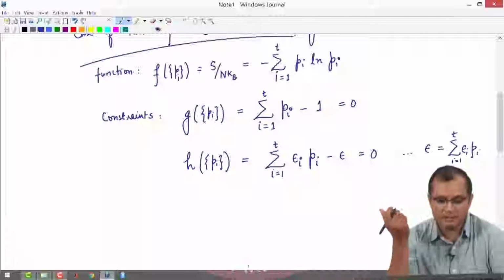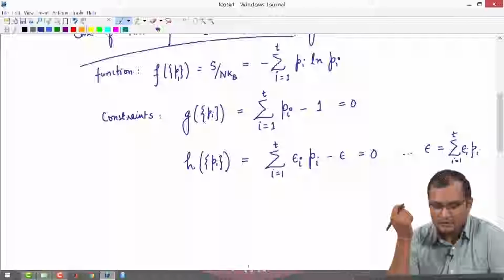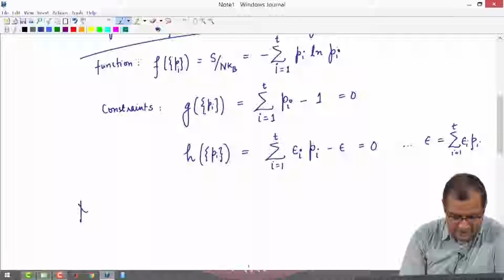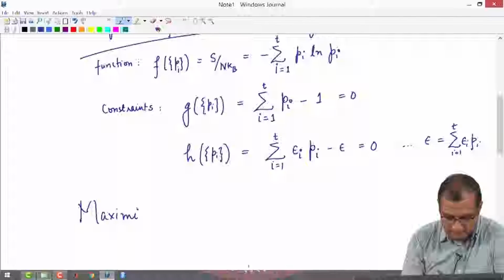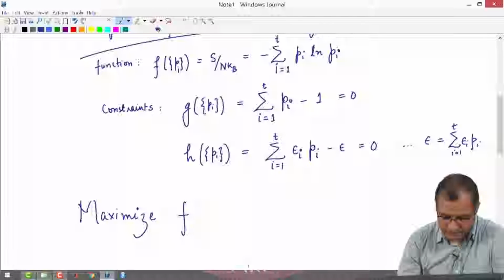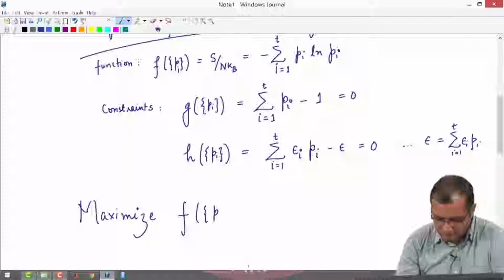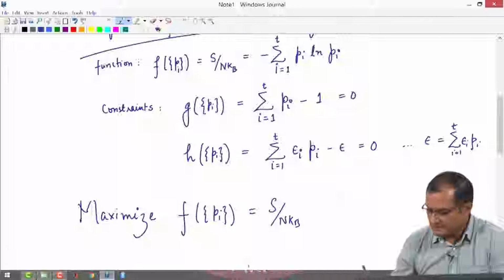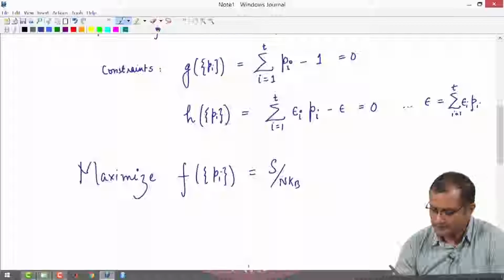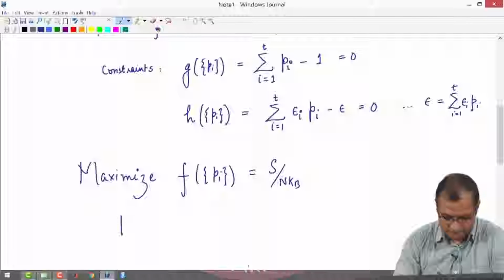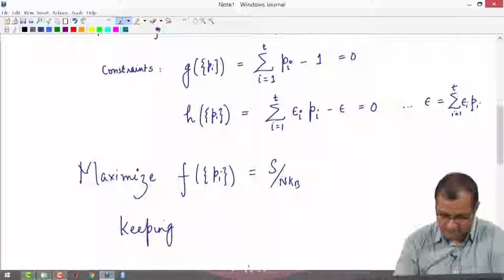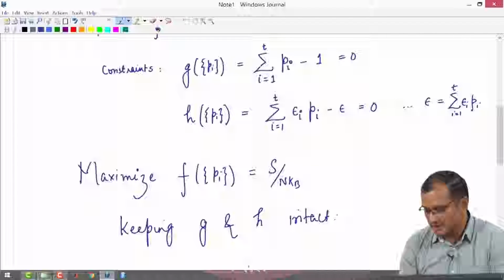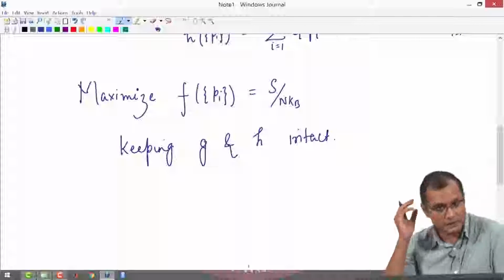So, my function is f, which is nothing but the entropy per N k_B, and I need to maximize this function subject to the constraints, keeping g and h intact. So, under these constraints I want to maximize the entropy, and you shall be surprised to see the outcome.